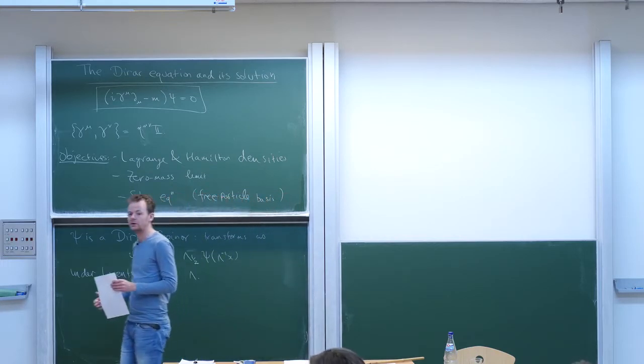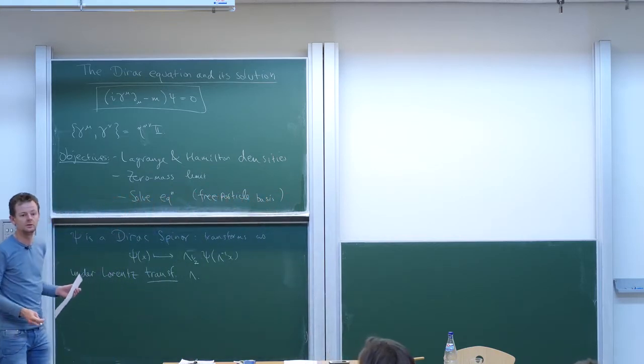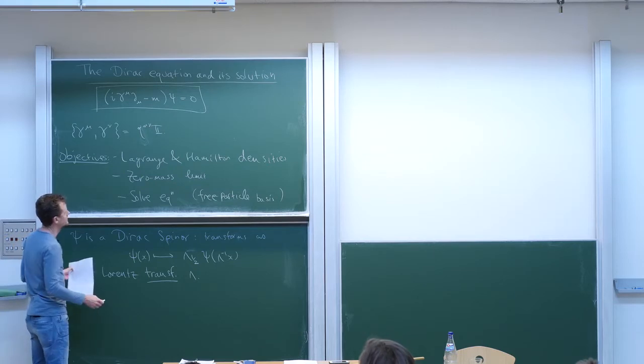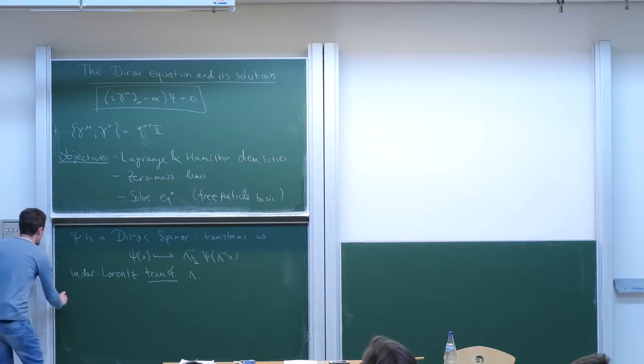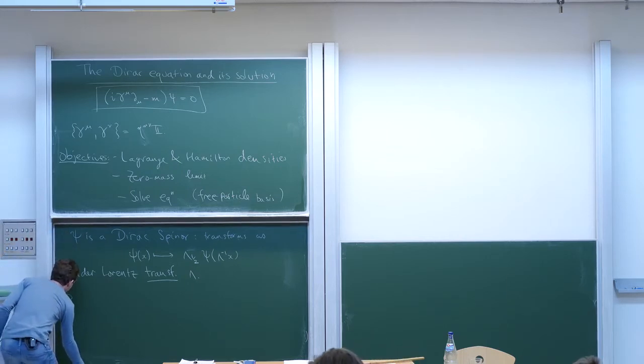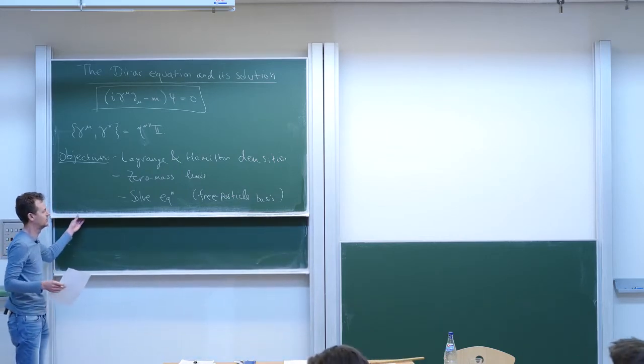And we wonder, can we build a Lagrange density for the Dirac field? To do this, we're going to need some scalar quantities, some Lorentz scalars.